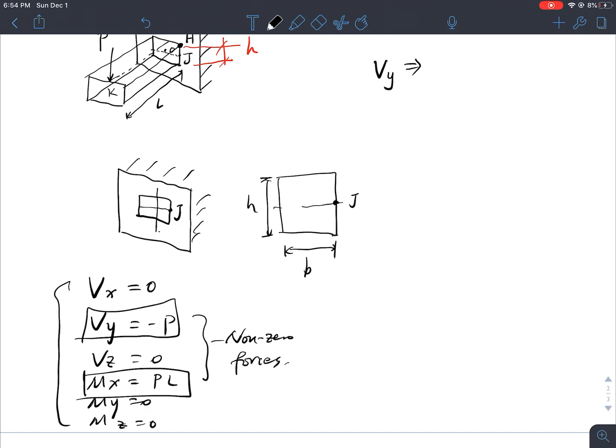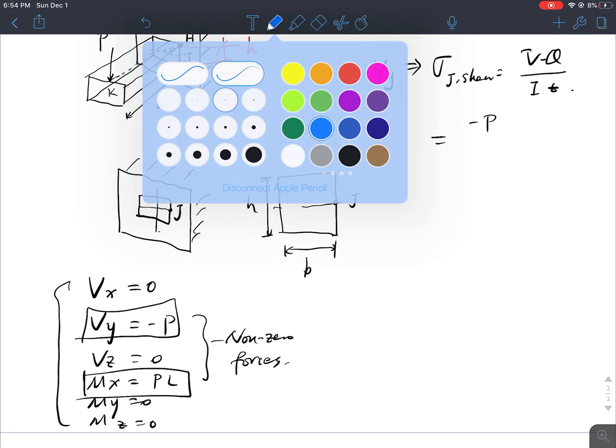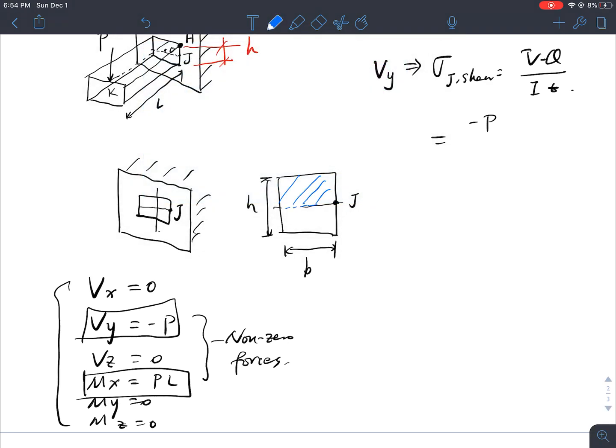Non-zero forces. Okay, so Vy will give me a shear stress, so sigma J shear equals VQ over IT. V is basically Vy, so that gives me a negative P. And Q now does not equal 0 anymore because Q is actually half of the area now.